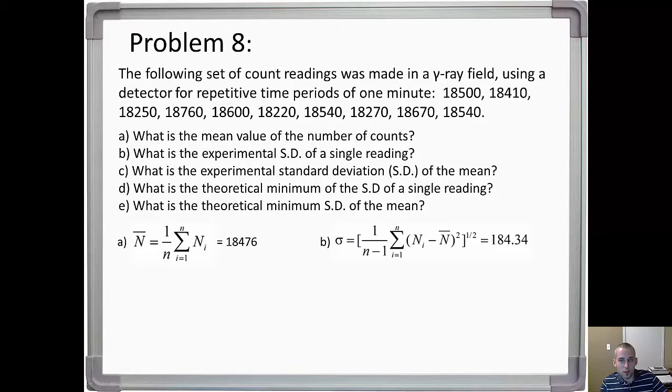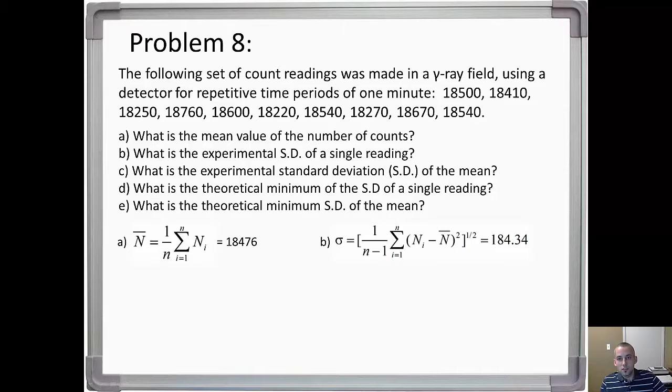N-bar is the mean value, which is the value we calculated. Ni is each value. Small n is the number of measurements in total. So in our case, it was 10 minus 1, so it would be 1 over 9.